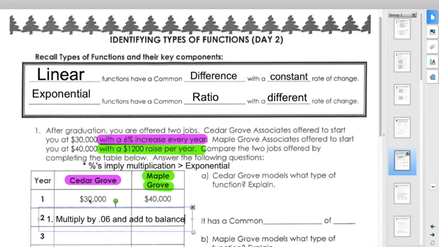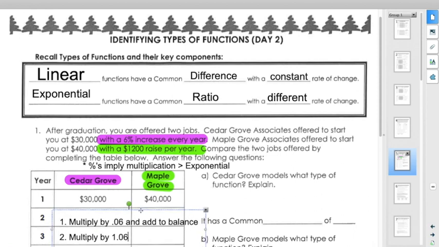I could multiply by 0.06 and add to the balance, aka the balance would be 30,000. Or the second way, which is the quicker way, I could multiply by 1.06. And if you can understand number two, you are going to be way ahead of the game relative to exponential functions, because if it's a 6% increase, it's 6% over what you're typically getting.